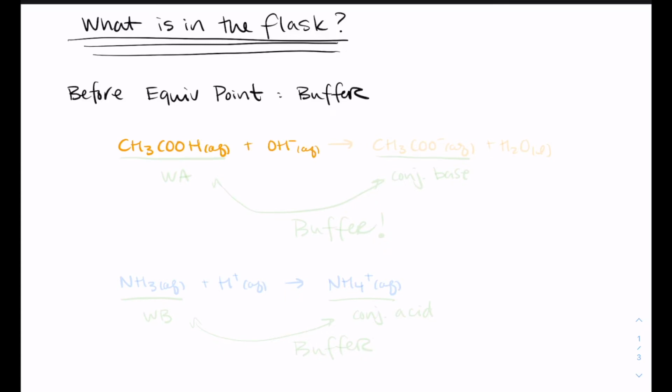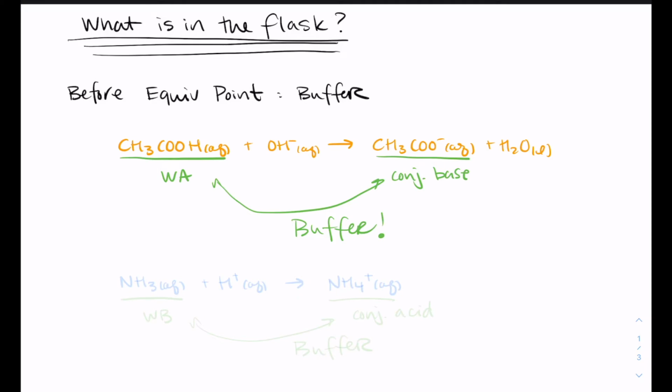So I have some equations here to go with the buffer claims that I made off of my weak-strong titration. So if you start with a weak acid like acetic acid and react it with a strong base, I could just say OH minus, because if it's a strong base, it's fully dissociated. My product is acetate and water.